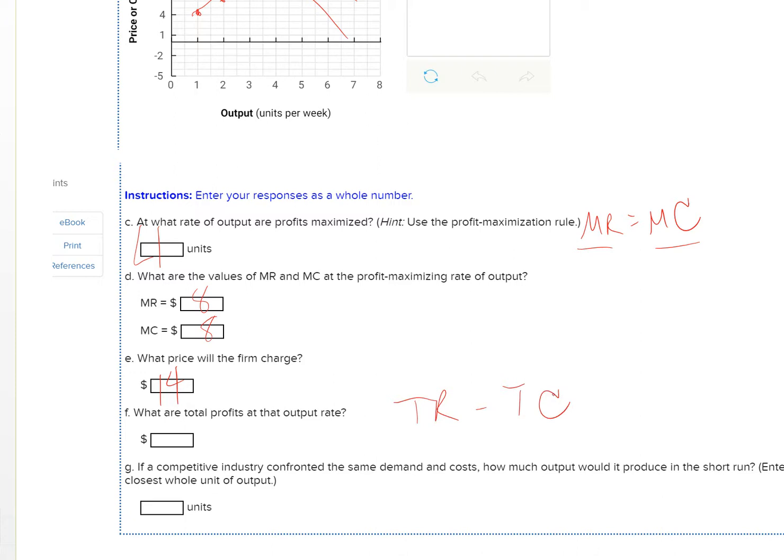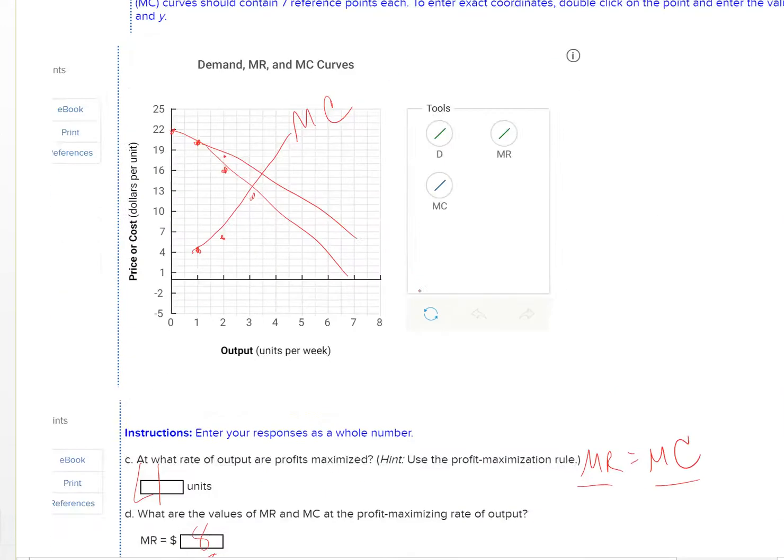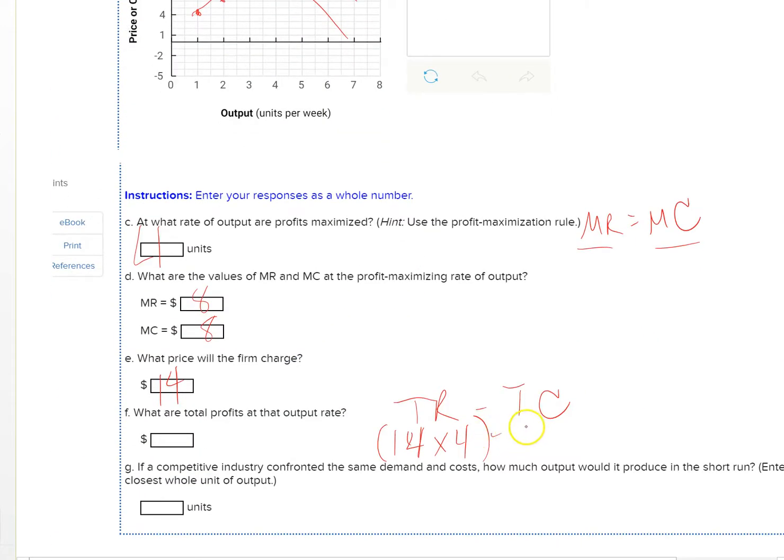Well, 4 units at $14. So our revenues are going to be $14 times 4 units. And then our costs can be found up here at 4 units as well. Our total costs are $27. And there's our profits.